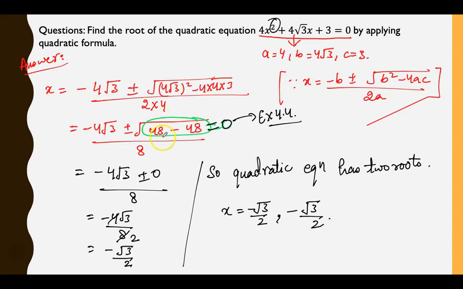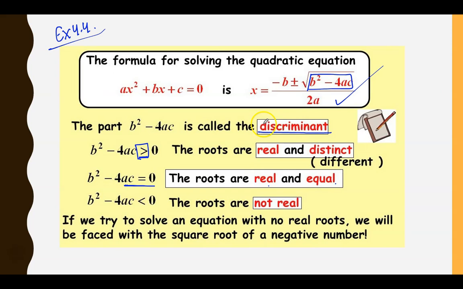That's why I said that when I got it equal to 0, I can simply say that the roots are real and equal. Clear now? And whenever it is less than 0, then the roots are not real. That means it has imaginary roots, and it is a concept of class 11. So I'm not going to discuss anything of class 11 over here.